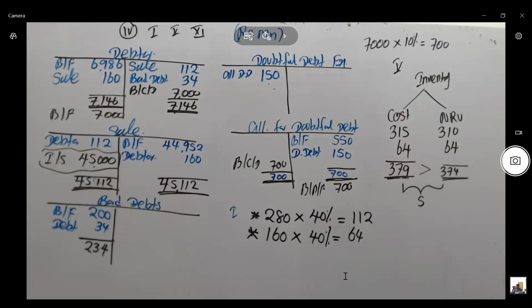Record this information in the income statement and statement of financial position. Think bad debts and doubtful debts under sales and distribution expense. Sales value should be recorded in the income statement. And debtor minus allowances for doubtful debts should be recorded under current assets.